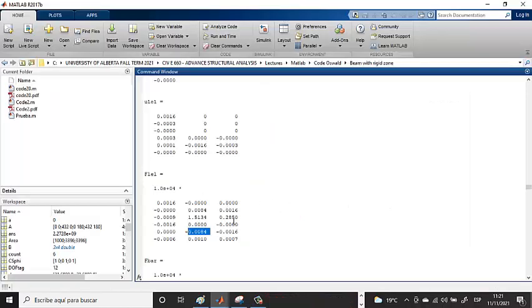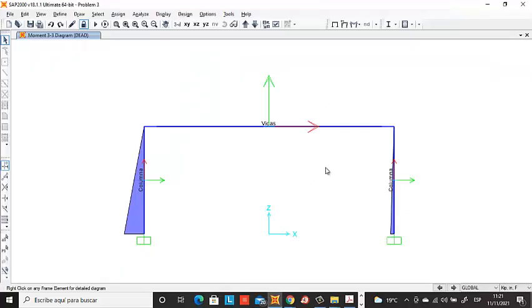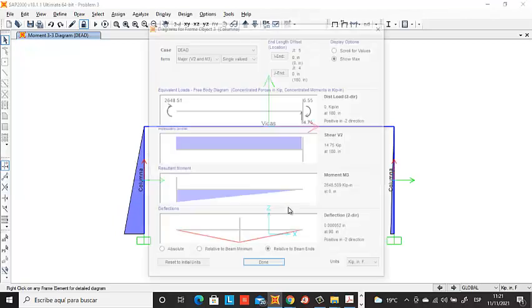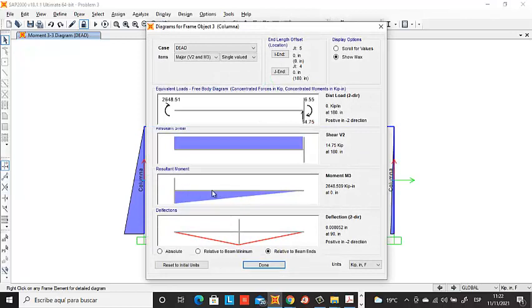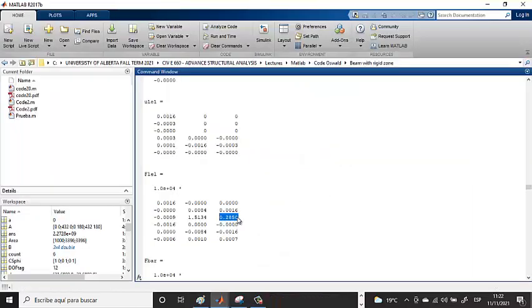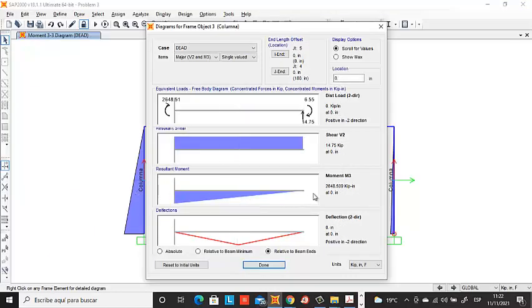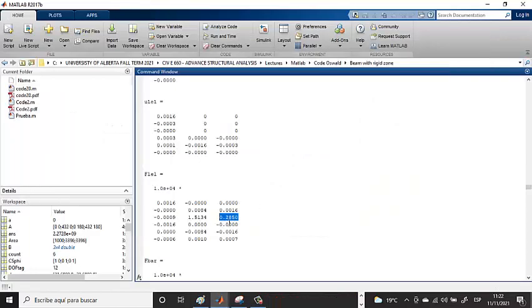For the third column, we can follow the same procedure and find the moments at the end, right? The shear is constant, which means that the moments have a linear variation. For example, at the beginning we have around 2,608, and this is the value right here that we are considering. It's almost the same.